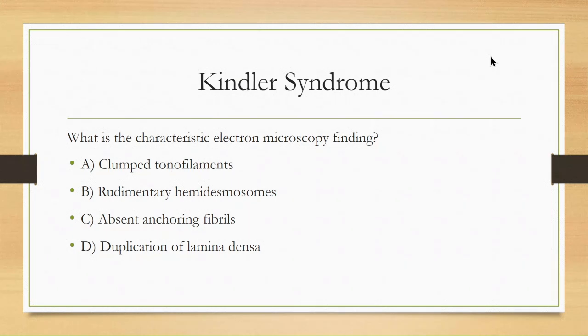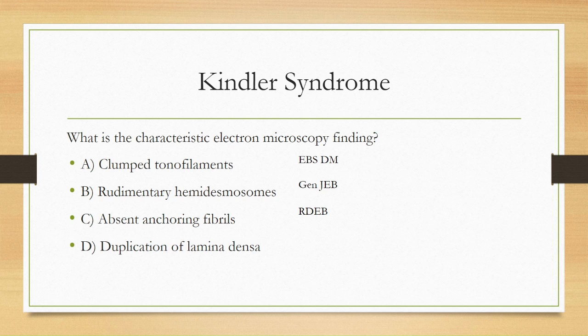All right, Kindler syndrome. What is the characteristic electron microscopy finding? Clumped tonofilaments, rudimentary hemidesmosomes, absent anchoring fibrils, duplication of lamina densa. And bonus points if you tell me what the wrong answers are actually correlated with. Good job. You knew that A was associated with epidermolysis bullosa simplex Dowling-Meara, which is the severe variant.